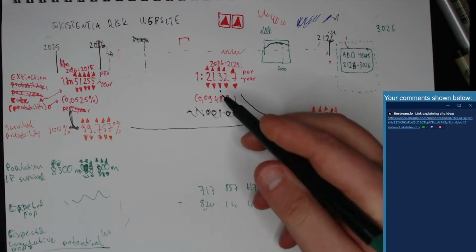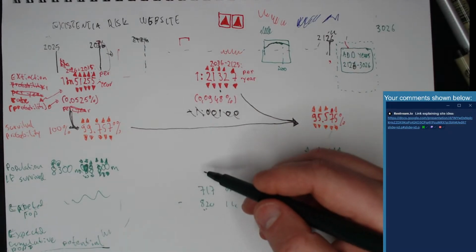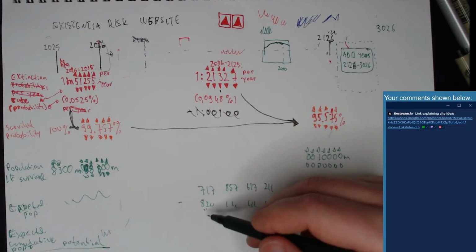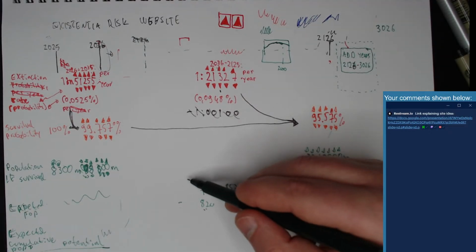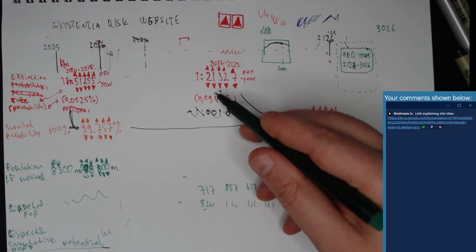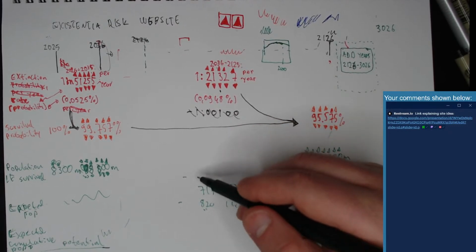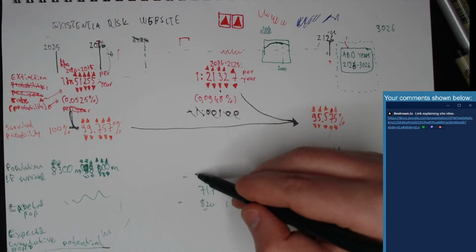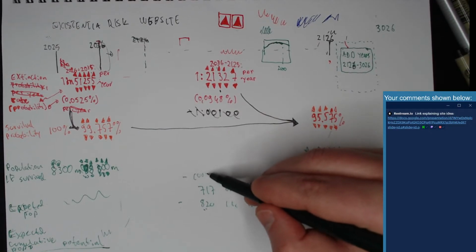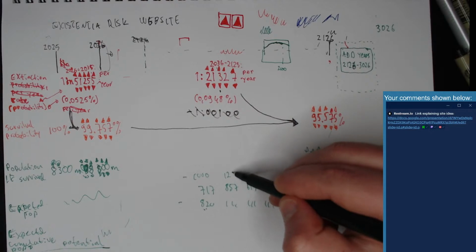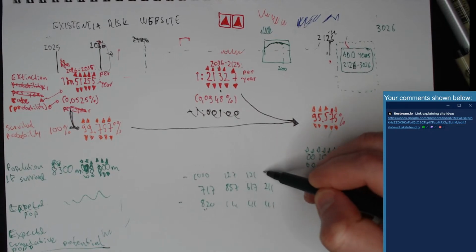So now if I have the change to previous, I could indicate that if there's a decrease in the extinction probability, it's going to play out as a decrease of some number here.